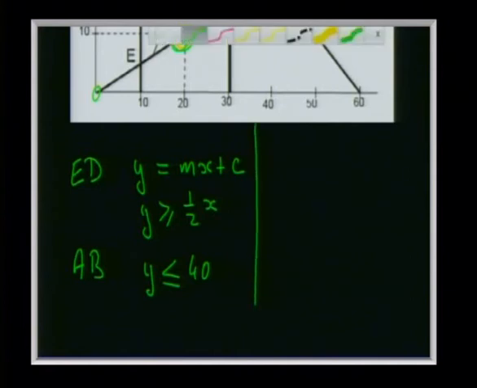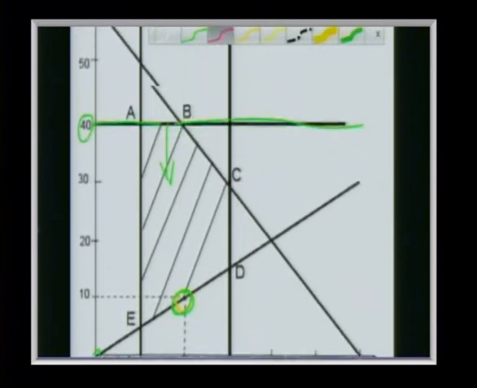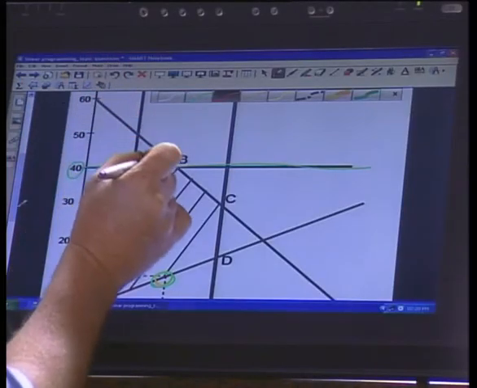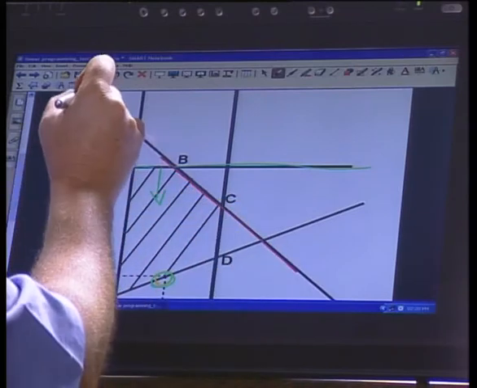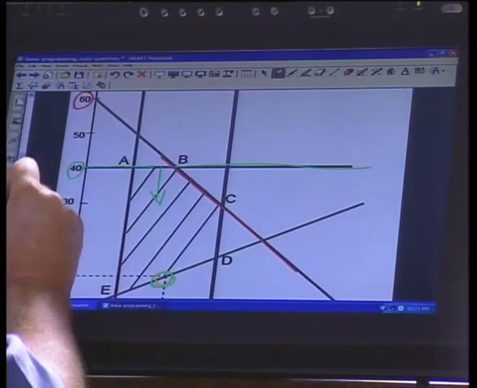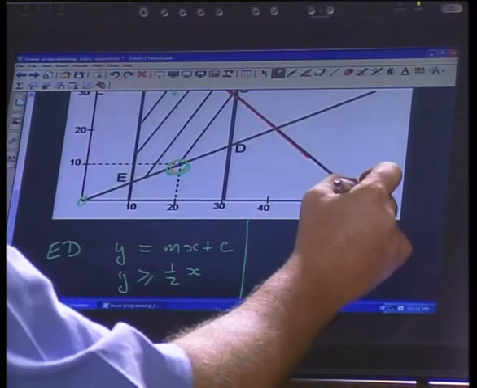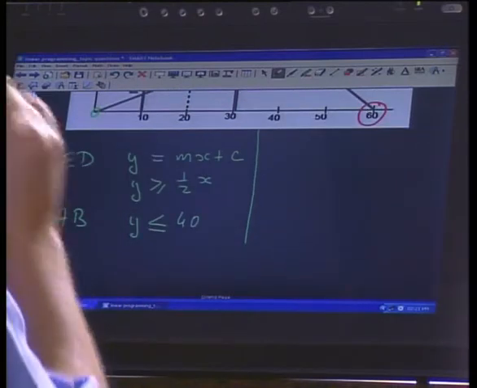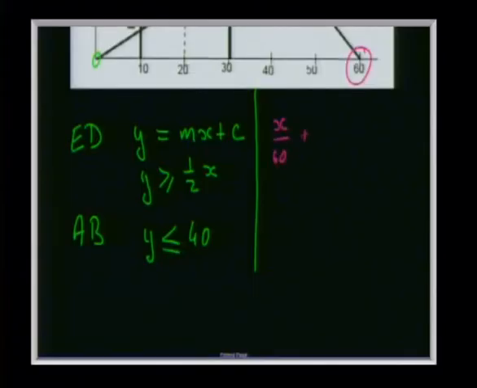Let's do the next one. I'm going to choose this line here, this line BC, and it's got a y-intercept of 60 and an x-intercept of 60. So what I can do is write x over 60 plus y over 60 is equal to 1.